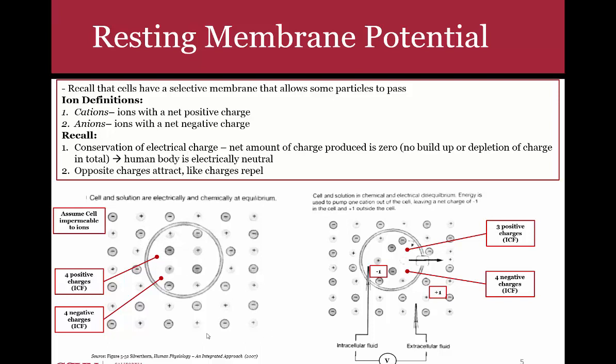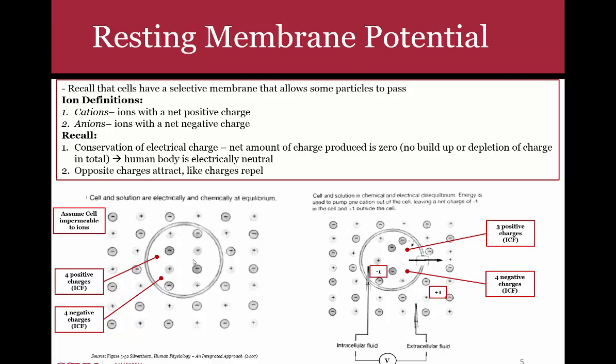All right, so in this scenario, it's pretty simple, right? On the inside, you have an equal number of positive charges as you do negative charges. You can prove that to yourself, unless counting is hard for you. You can also do the same thing for the outside, where you can count the number of ions inside and outside the cell. So a couple of things here.